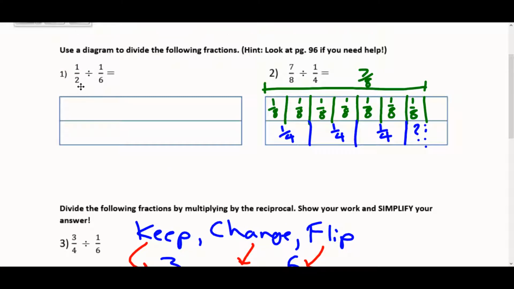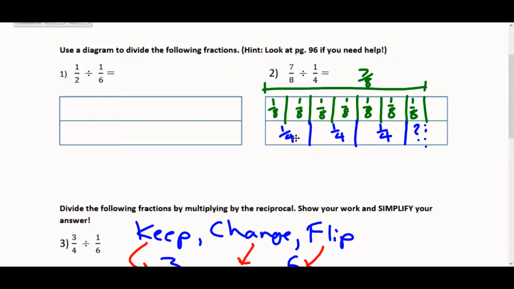Now number 2 is a little bit tricky. I'm going to let you do number 1. I think you can get it. But number 2 is a little bit tricky because if you follow along, there's 7/8, so all but 1/8 of this box is full. We have 7/8, and I want to know how many 1/4 fit inside that 7/8. So I break this box into 4ths. Here's 1, 2, 3, 4.